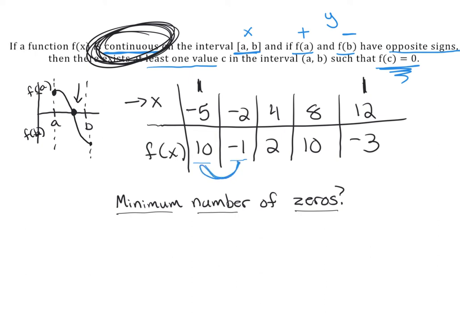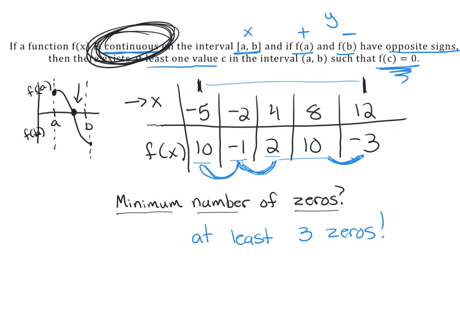And now I have negative to a positive, change signs again. There's another 0 there. Well, this is just positive, positive, whoop, and it switched signs. So that means that there is at least 3 zeros on that function, and that is because of it being continuous.